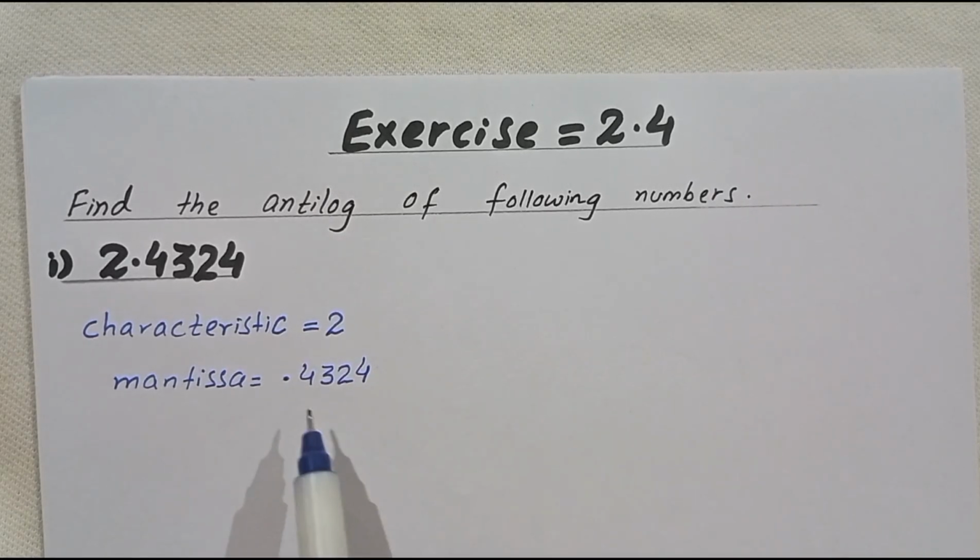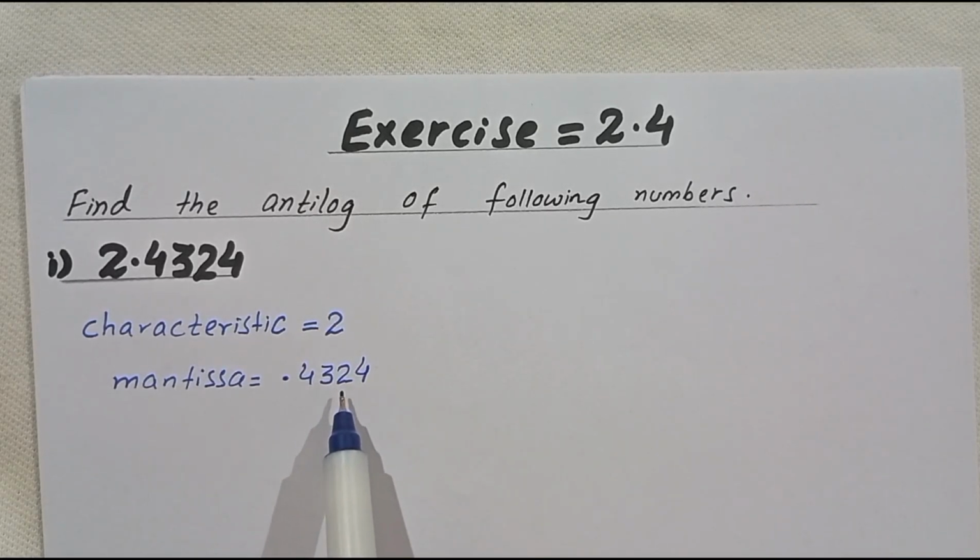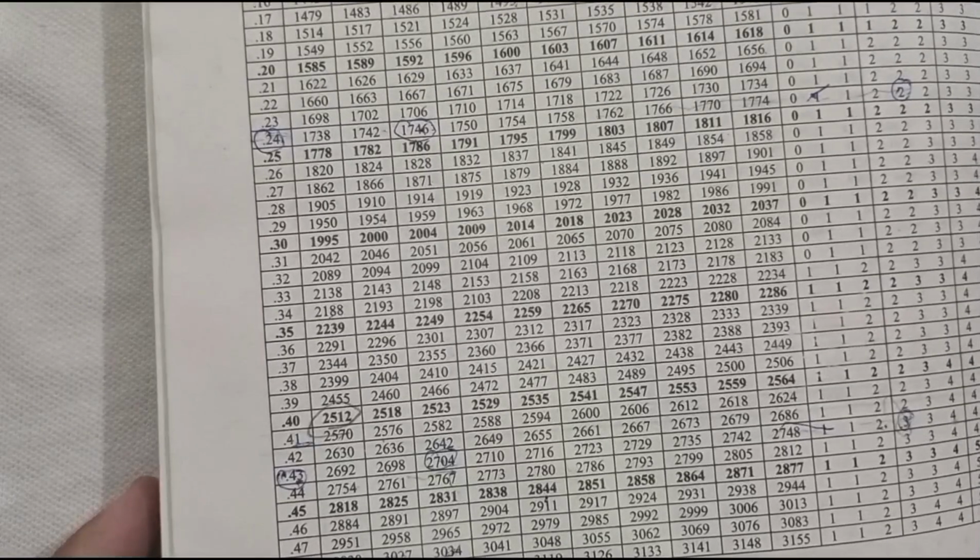So we have to look in the antilog table for the value of 0.43 and then add the value from column 4.